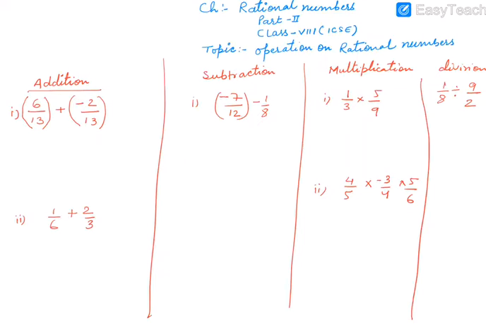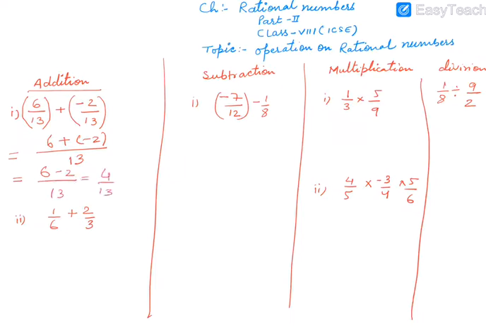So in this case you need not do anything. You write the common denominator 13, and 6 and negative 2, and now we do the operation on the basis of integers. 6 plus negative 2 becomes 4, so you can write 4 upon 13.